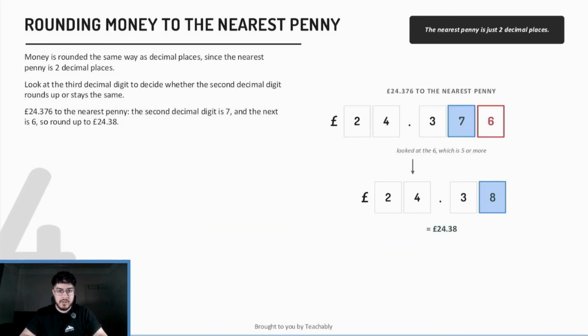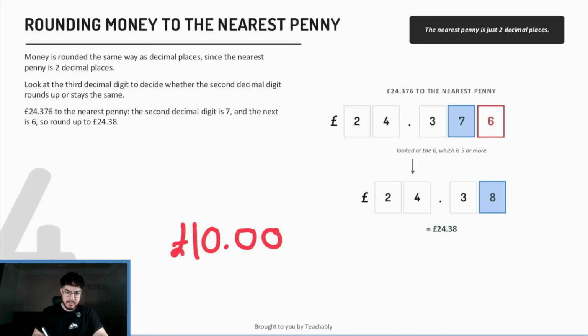Let's move on. Rounding money to the nearest penny. In a question on your GCSE Maths, they're not even going to tell you to round your money. But with money, we always know that money is always to two decimal places.